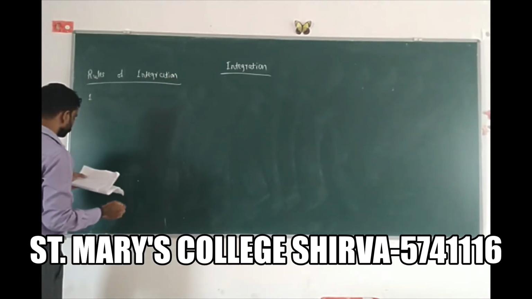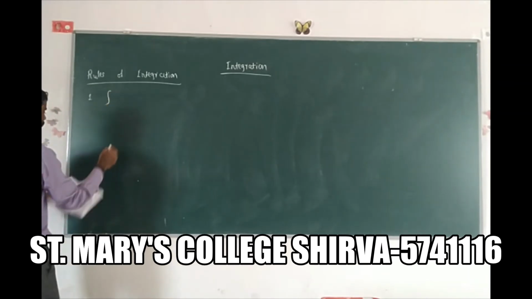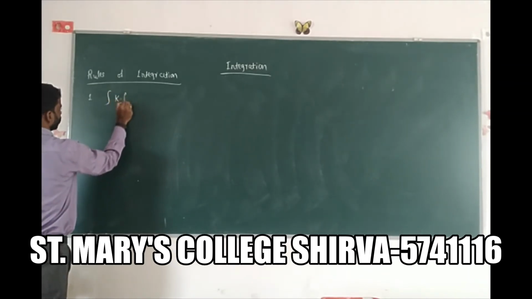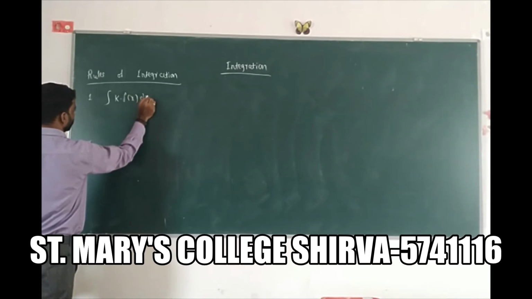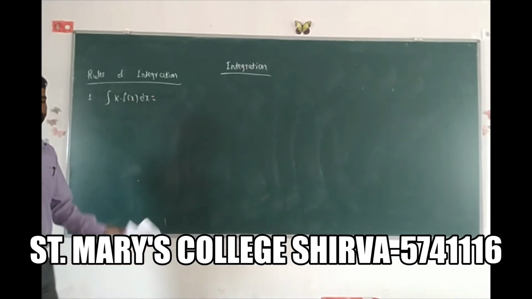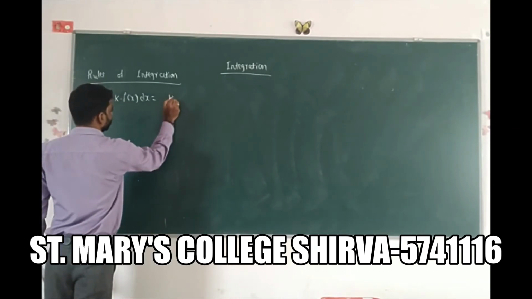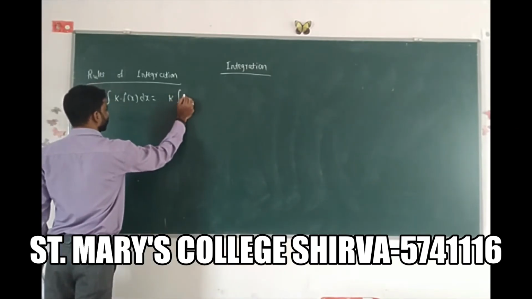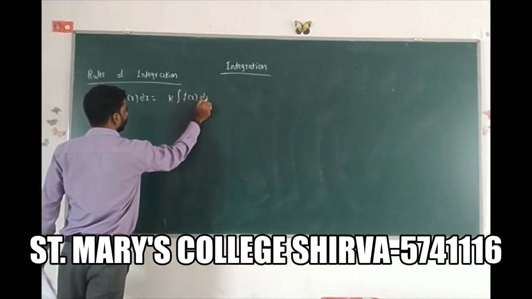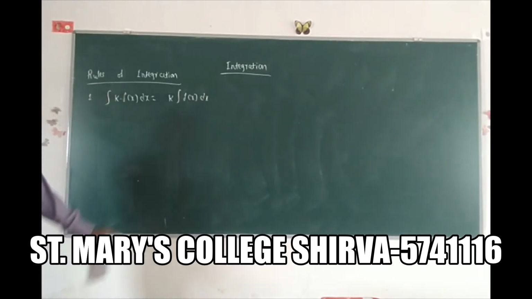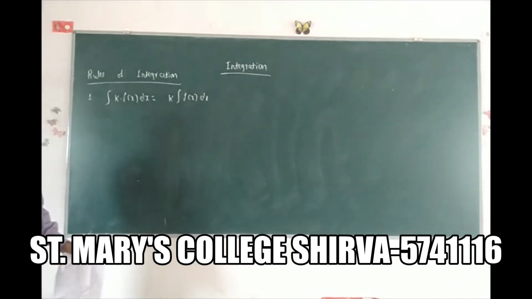First rule: integration of k into f of x dx, where k is any constant, is equal to k into integration of f of x dx. Here k is any constant.